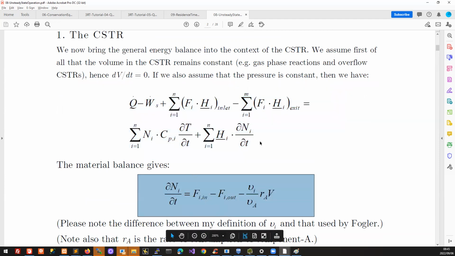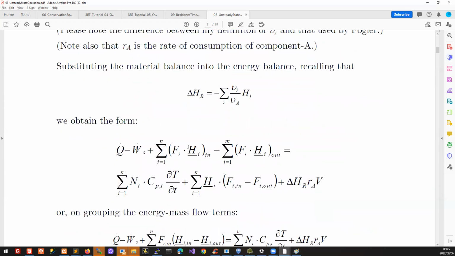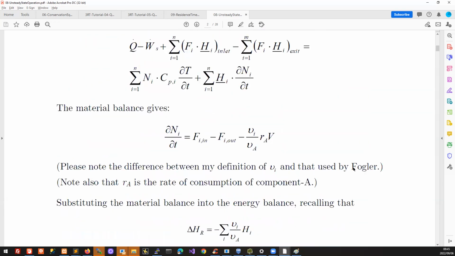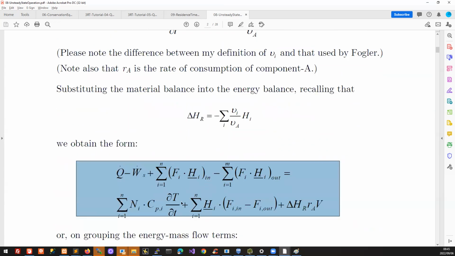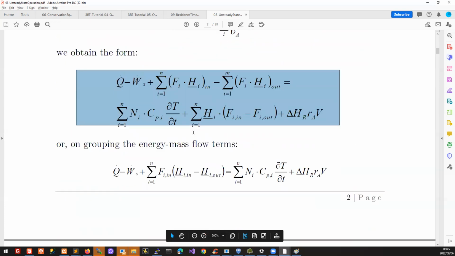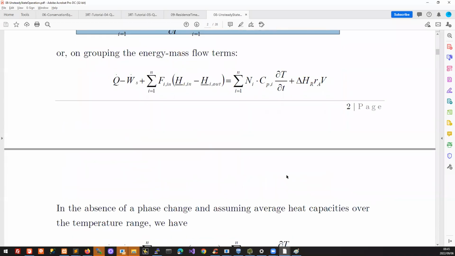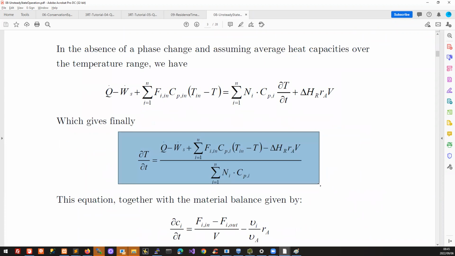As we said just now, we can substitute for dN/dt over there, and then the equation looks like this, right? So you've gotten rid of a dN/dt. You still have a dT/dt, which is here, right? So you can repose this equation and do some grouping here, and basically you can get the equation in the form dT/dt.